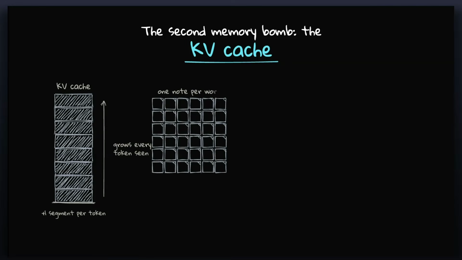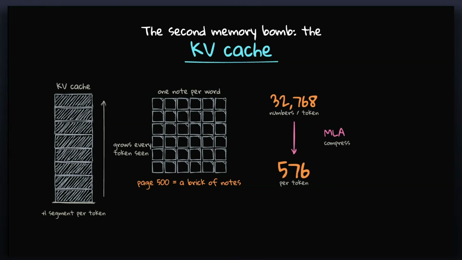GLM 5.2's multi-latent attention compresses that cache down to 576 numbers per token instead of 32,786. That's roughly 57 times smaller, which is what keeps a million token context affordable on 25 gigabytes.